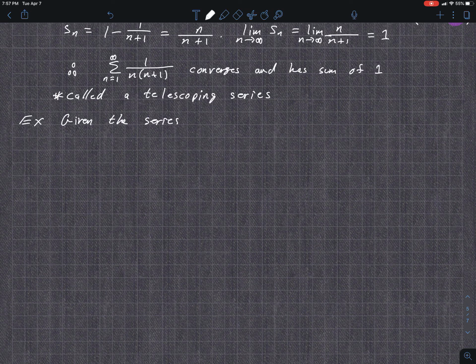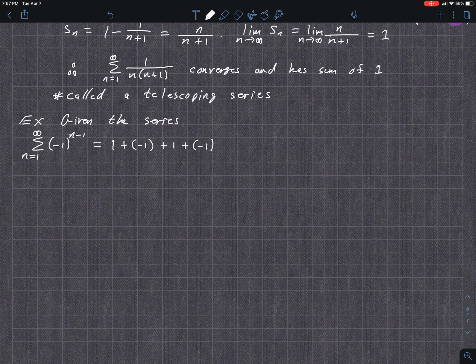So next example, given the series, the sum as n goes from 1 to infinity, and I'll use that term loosely when I say to infinity, of negative 1 raised to the n minus 1, and that's it.